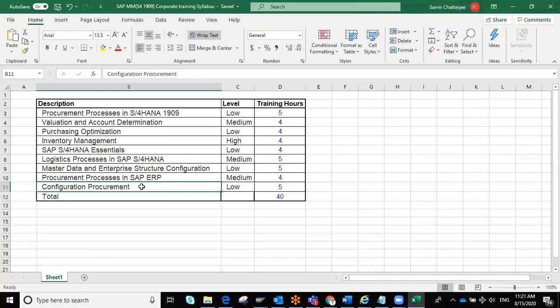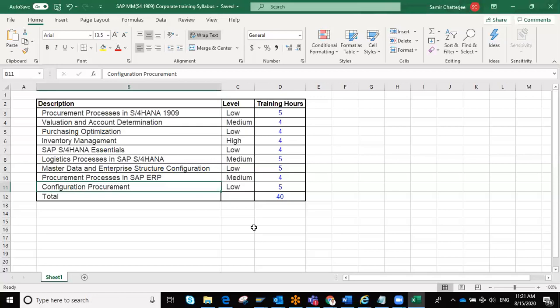So these are the important 8 chapters for our discussions. The time period will be about 35 to 40 hours. It depends. And here we shall focus on S4HANA starting from ECC. We shall also discuss the differences between ECC and S4HANA.